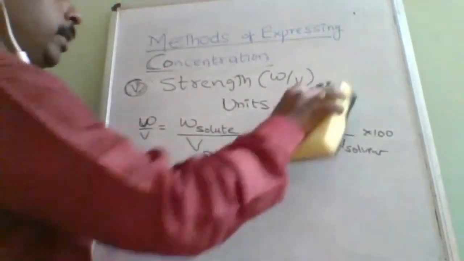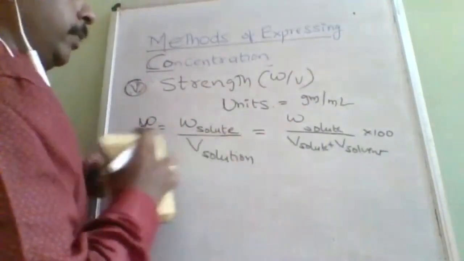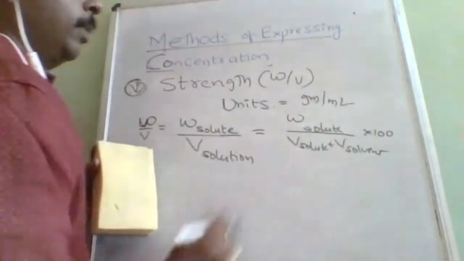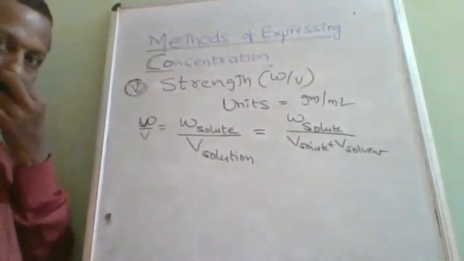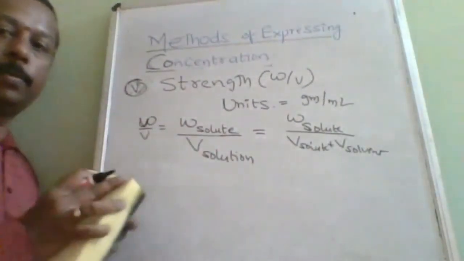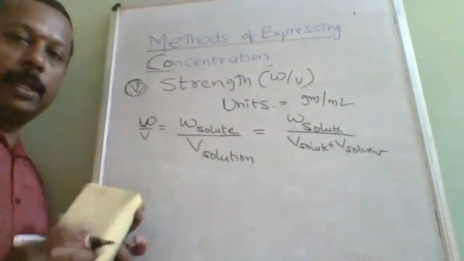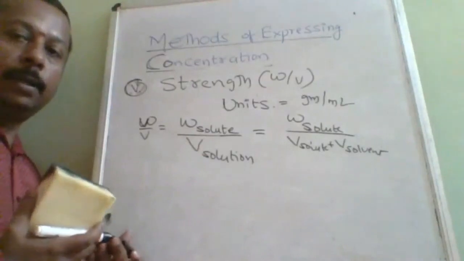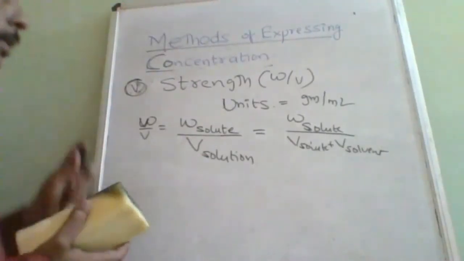In the numerator, the mass is the same, and in the denominator, volume of solute plus volume of solvent. Understood? So this is the strength. Strength means W by V. It is just a remix: the numerator from mass fraction, the denominator from volume fraction. So this is about the strength.